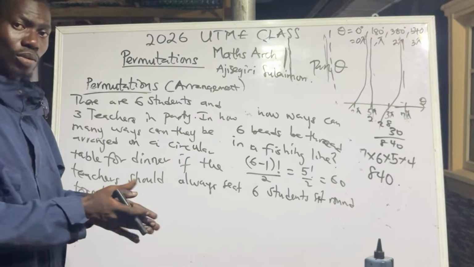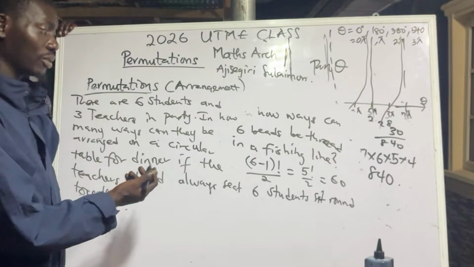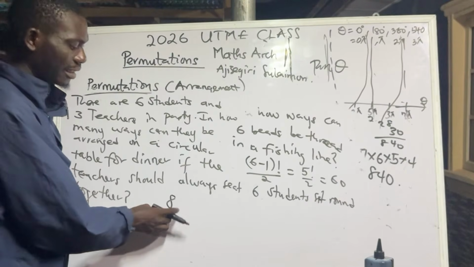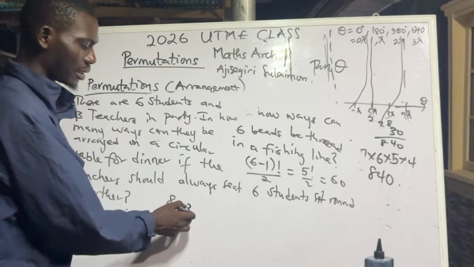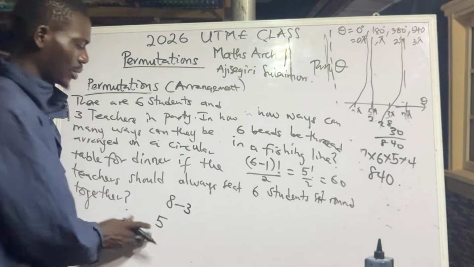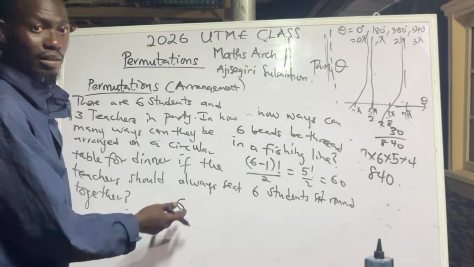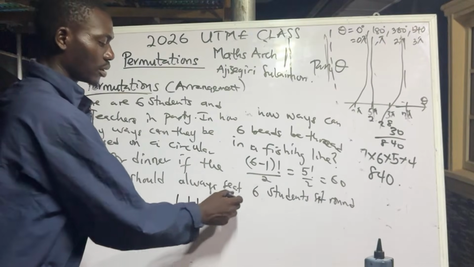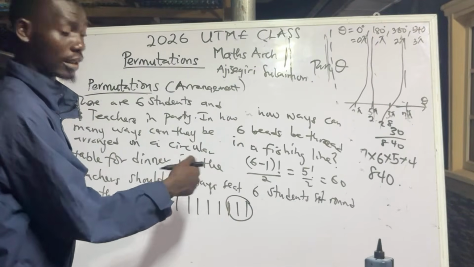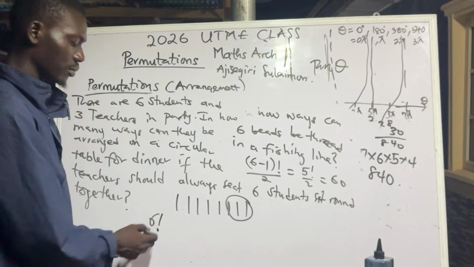So we say we are arranging 8 people and not 9, and out of this 8, let's subtract the 3 teachers. That means we have 5, and the teachers are regarded as 1. So we are arranging 6 people. That is 6 factorial. Do you get that now?